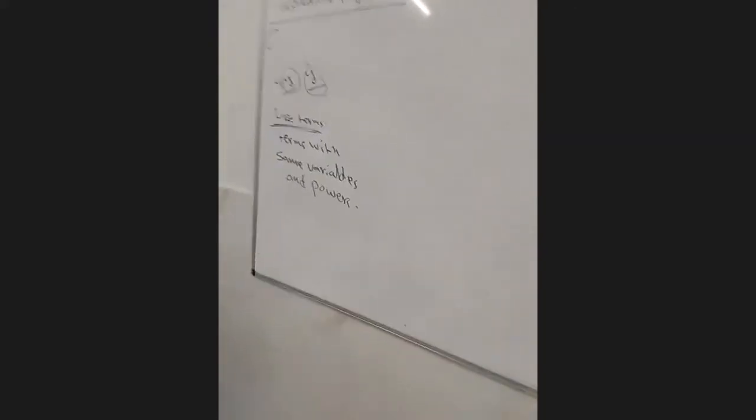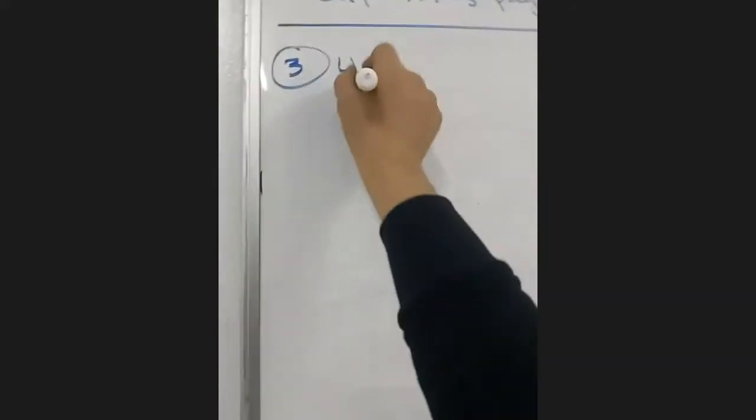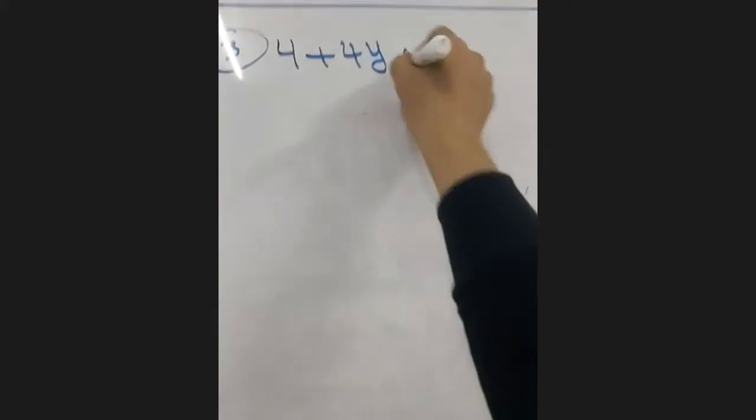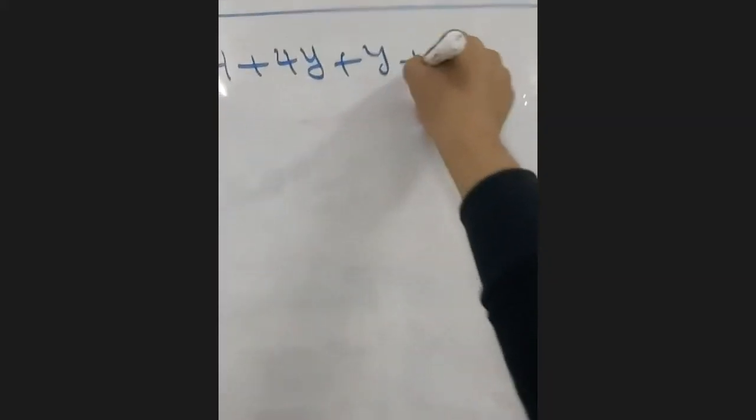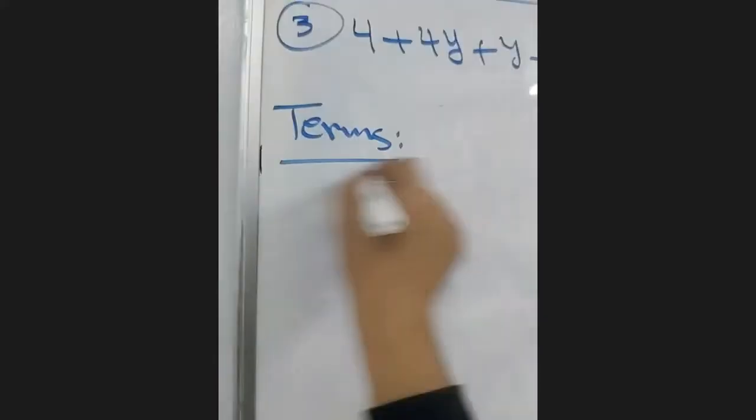This is question 3. And I'll do question 3, guys, quickly for you. Check your answers, please. Question 3, before I go to question 10. I have 4 plus 4y plus y plus 3. What are the terms? Okay Yusuf, I answered your questions.